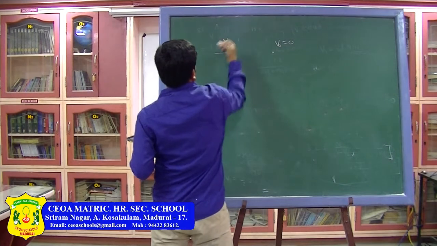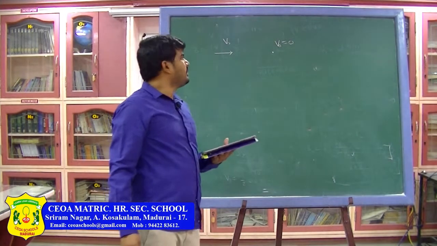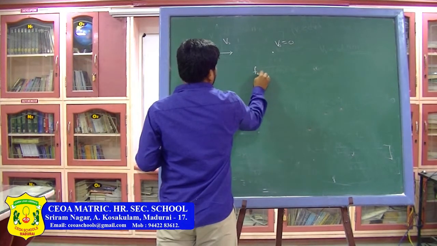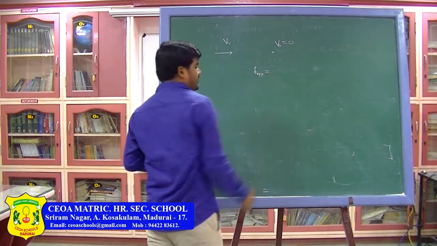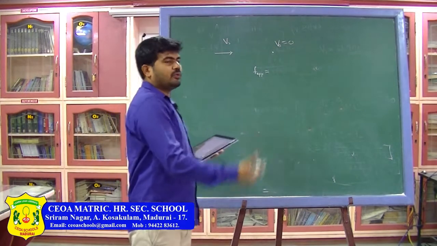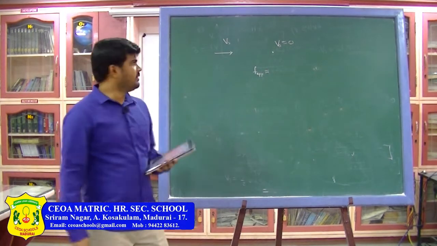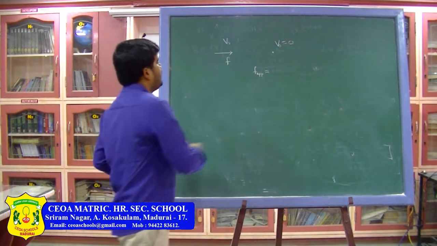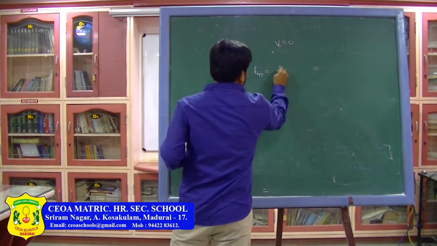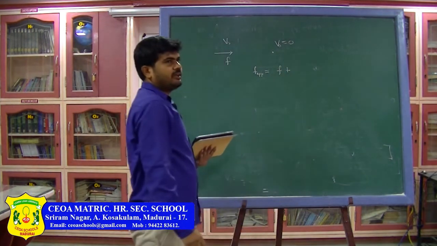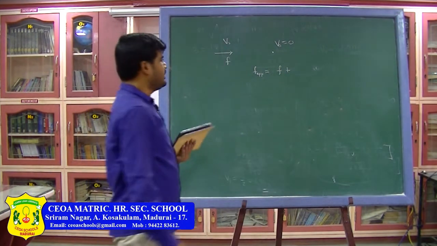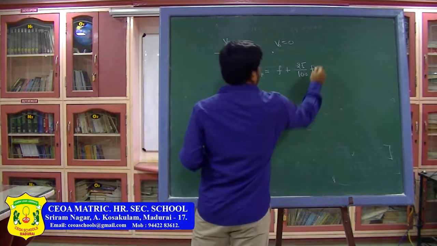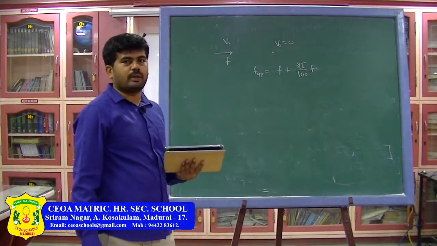Let the speed of the source be Vs, and the given condition is that the apparent frequency heard by him, let F apparent, is 25% more than the real frequency. If F is the real frequency of the source, then the apparent frequency heard by him is F plus 25 divided by 100 into F. So, this is the apparent frequency received by the observer.